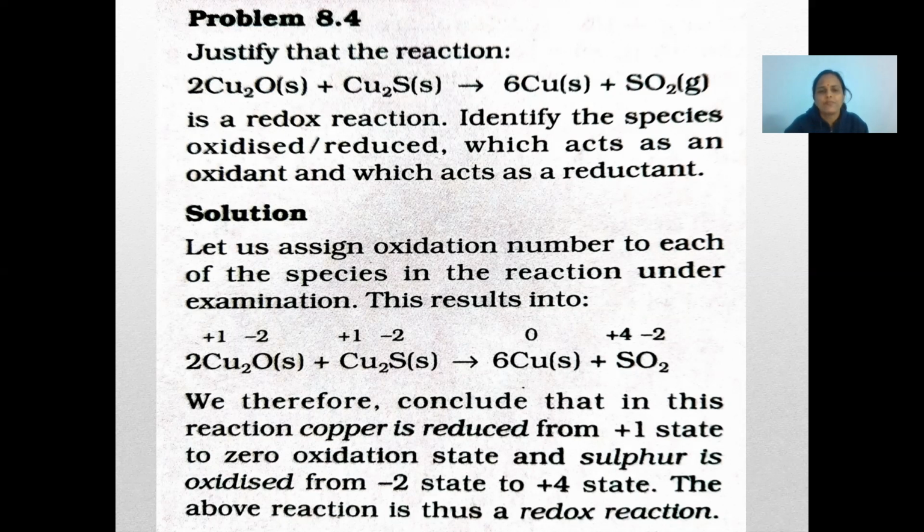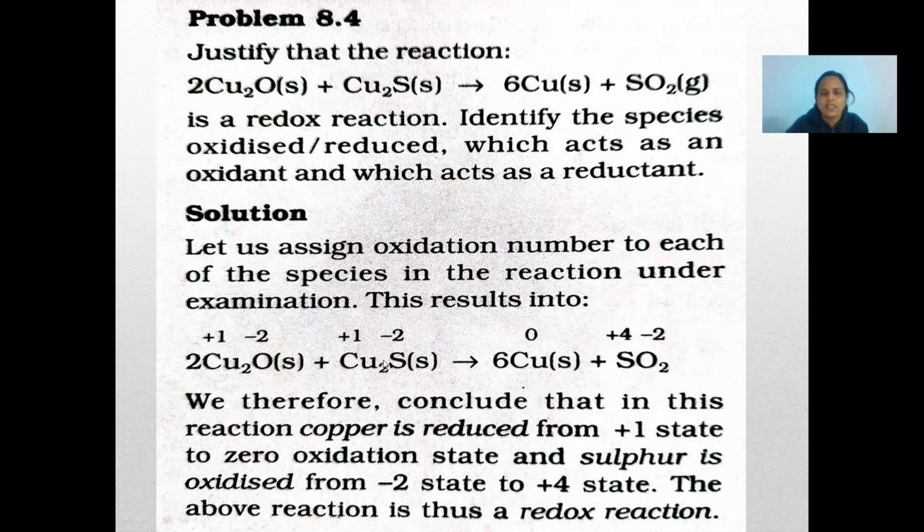So here, when you assign the oxidation number to each species in this reaction, in Cu2O, cuprous oxide, copper is present in +1 state, and it goes to 0 state in Cu. So this is undergoing reduction.